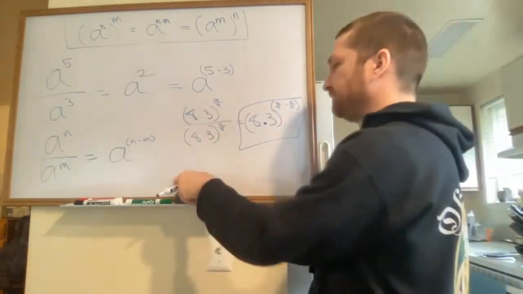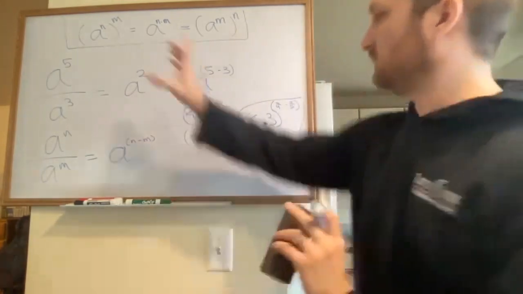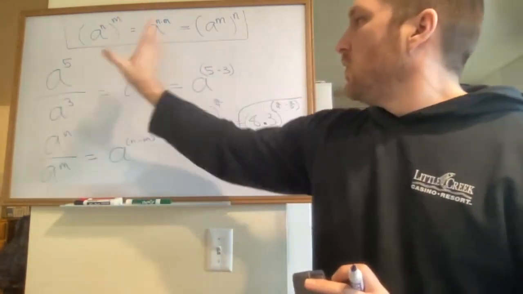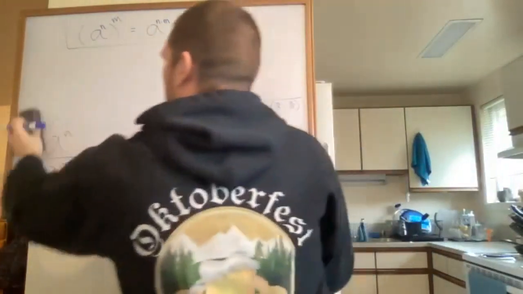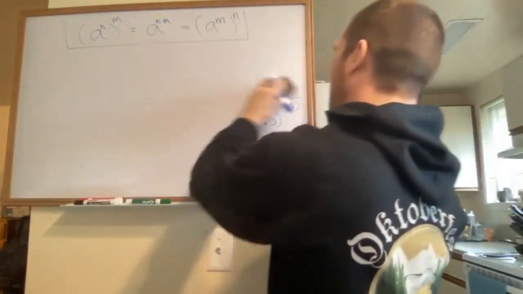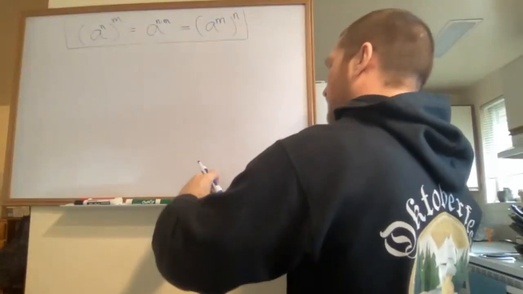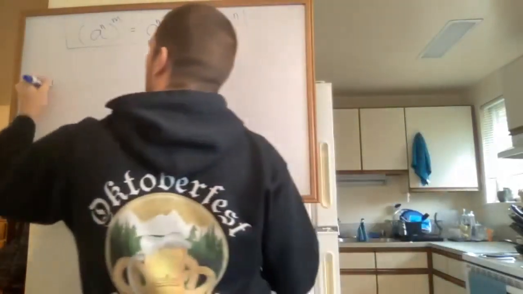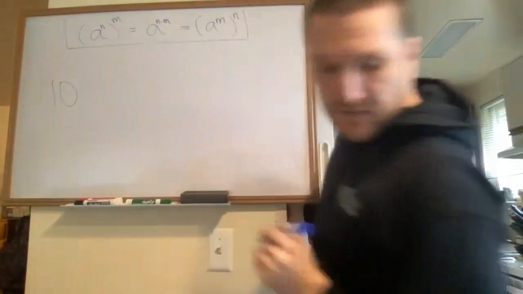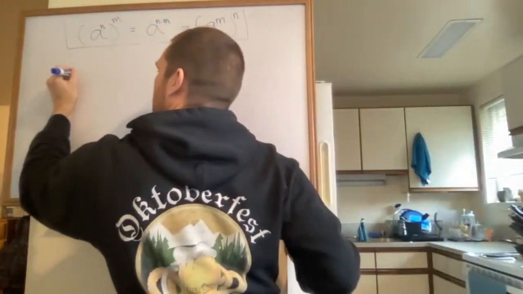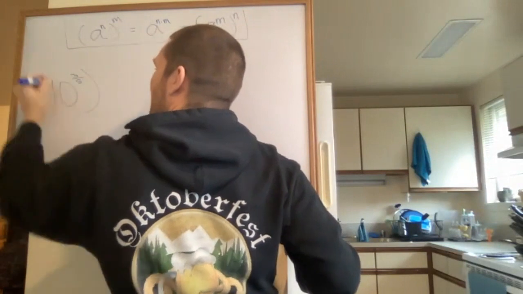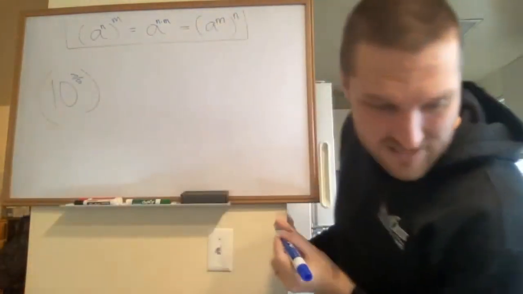Let's do this one. What we're going to use is already on the board. Let's say we have 10 raised to the 3/5, and then we take that and raise it to the 2/5.